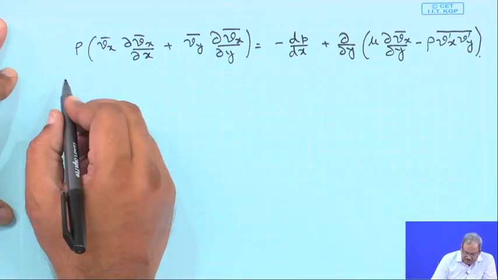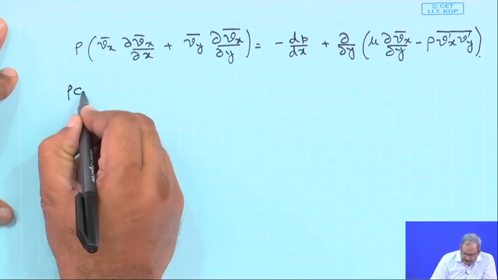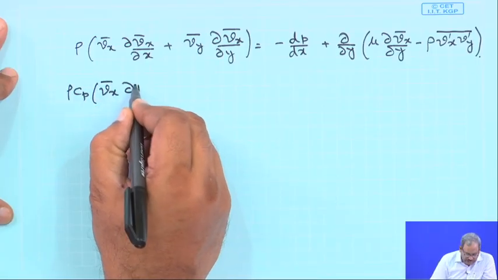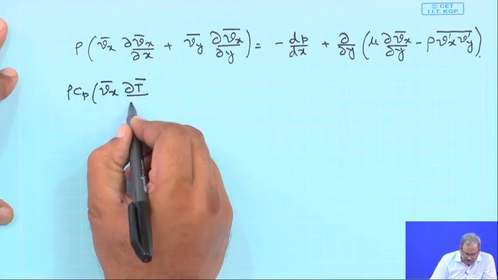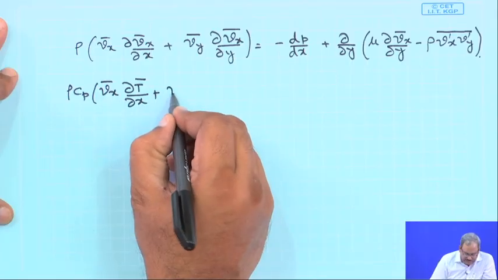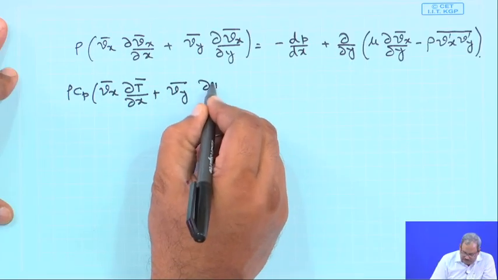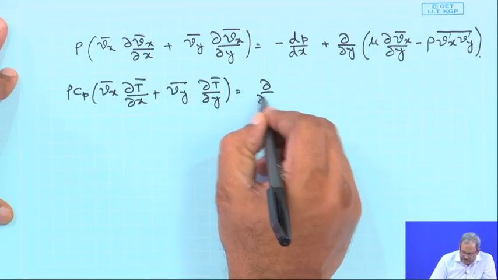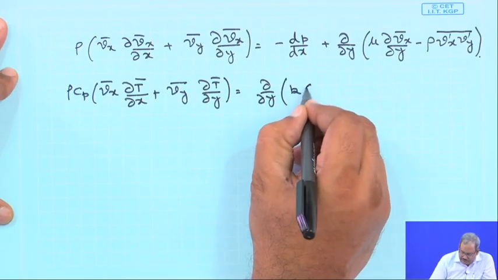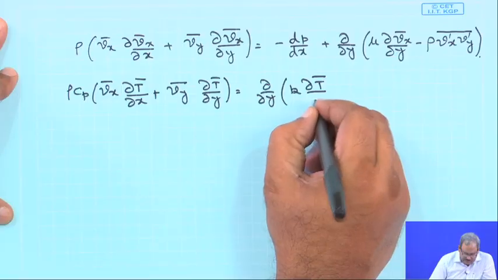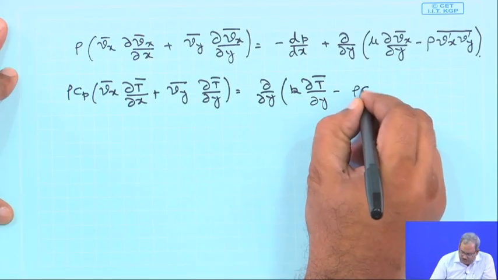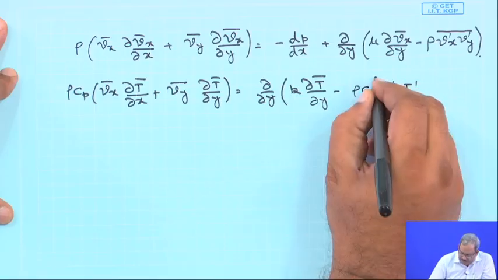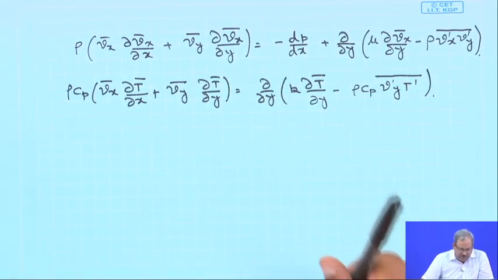So, this is the equation of motion, and similarly the equation of energy would be V bar x del T bar by del x plus V bar y del T bar by del y equals del y of k times the time average temperature gradient, minus rho Cp V prime y T prime and the time average of that.